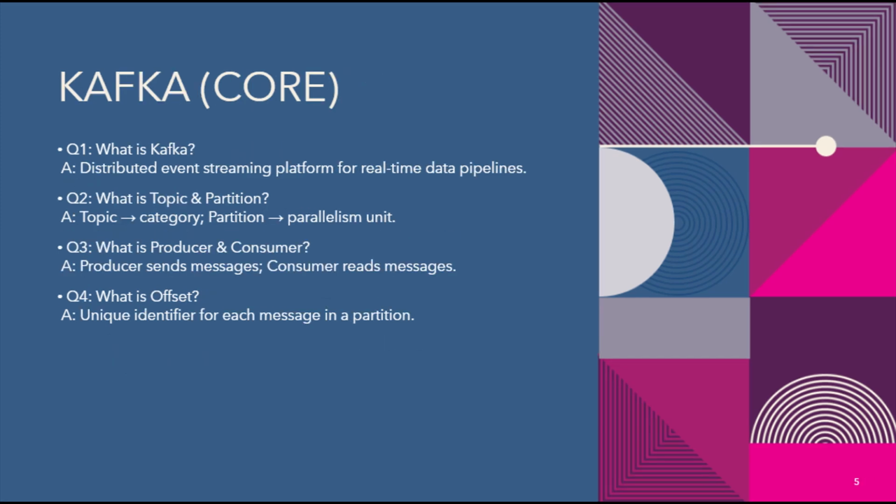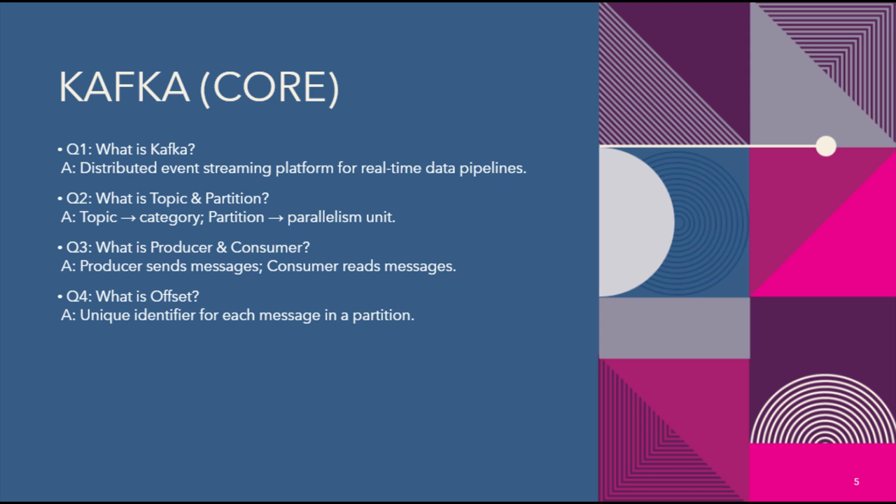Kafka Core. Kafka is a critical part of this role because the JD specifically mentions event-driven systems. Kafka is a distributed event streaming platform used for building real-time data pipelines and asynchronous communication between services. A topic in Kafka represents a category of messages, and partitions allow parallel processing and scalability.